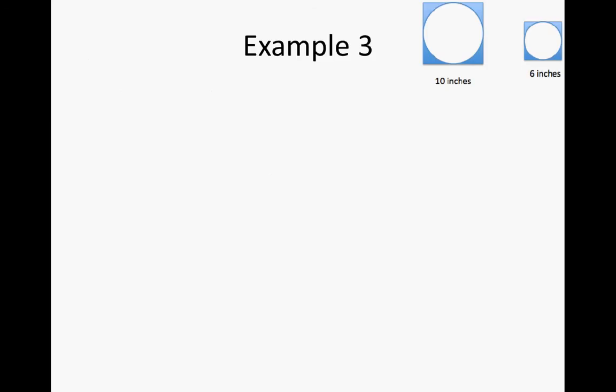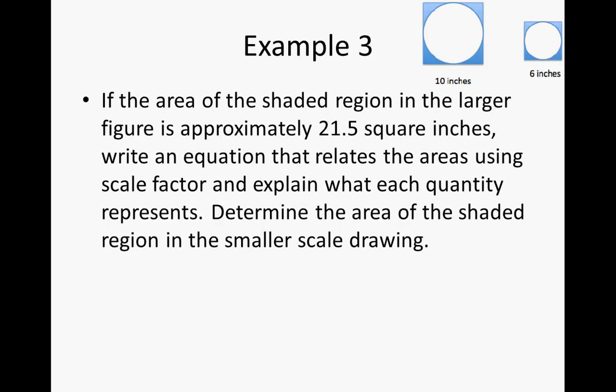All right, so let's take a look at example 3. If the area of a shaded region in the larger figure is approximately 21.5 square inches, write an equation that relates the areas using a scale factor and explain what each quantity represents. Determine the area of the shaded region in the smaller scale drawing.